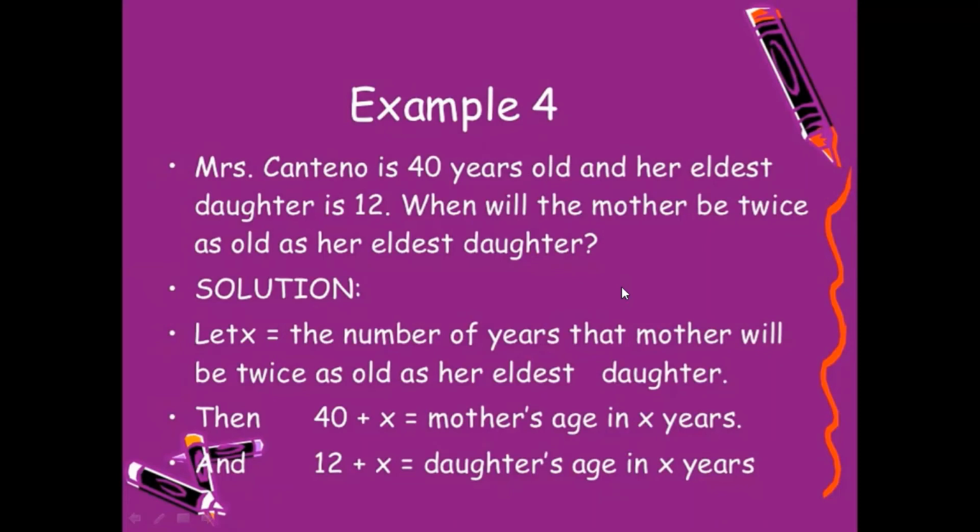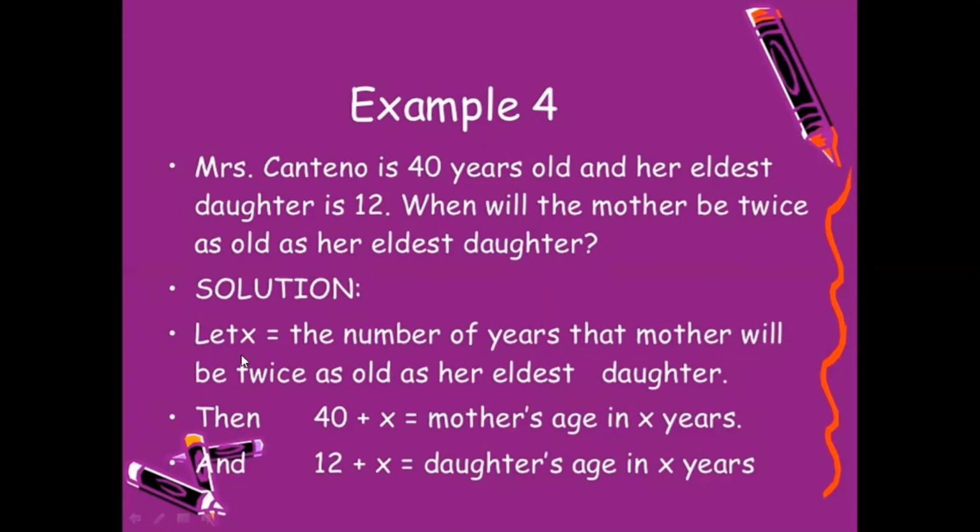So this is slightly a different thing. Let x be the number of years that the mother... That's why we are not supposed to put x on the younger person or whatever we were talking about in the previous slides. The required and desired quantity must always be supposed as x, because we are looking for the x. X is what?